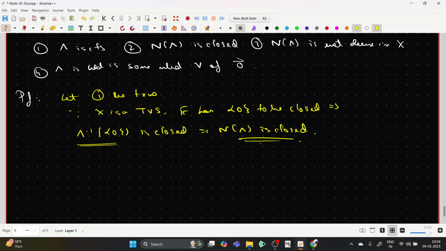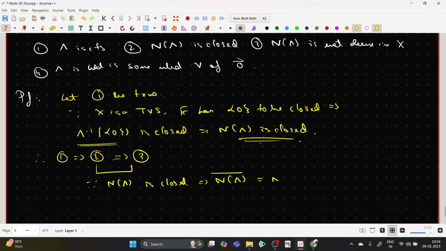Fine. Therefore, 1 implies 2, and in fact 2 implies 3 trivially. How does this follow? Since the null space of lambda is closed, its closure is itself. This implies the closure of the null space of lambda is the same as the null space of lambda, and this is never equal to X. Why is it so? There exists some x in capital X such that the image of x is non-zero.